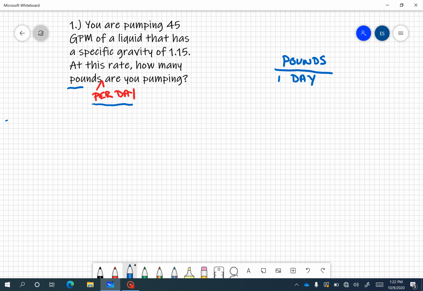So let's take a look at some of the information that's supplied. I'm told that we are pumping 45 gallons per minute with a specific gravity of 1.15. So that's enough information for me to come up with an answer in pounds per day, because I can convert gallons into pounds, and of course I can determine how many minutes there are in a day.